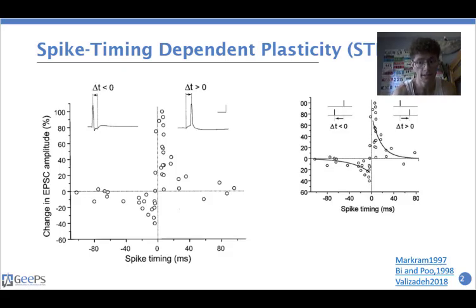So repetitive postsynaptic spiking within a short time window, around 20 milliseconds, after a presynaptic activation leads to long-term potentiation, LTP, right here. And postsynaptic spiking within a short window before repetitive presynaptic activation leads to long-term depression, LTD, right here. And this is illustrated by the well-known double exponential learning function, with the LTP here and the LTD here.